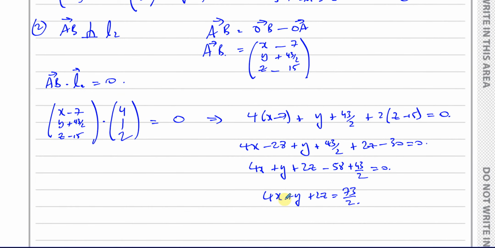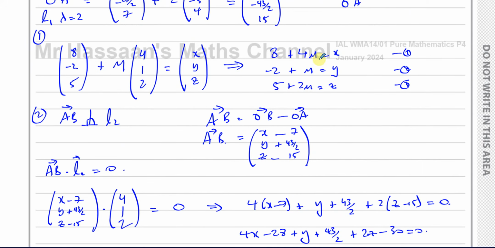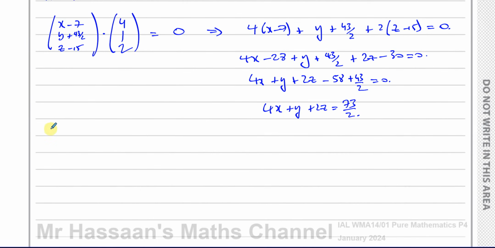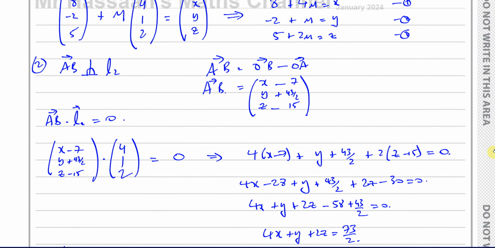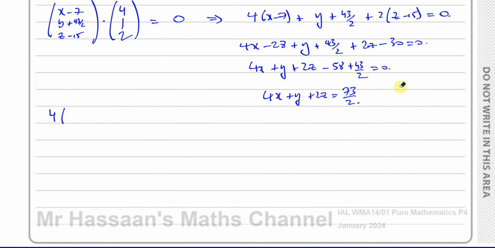So now we've got 4 times 8 plus 4 mu, sorry, 8 plus 4 mu, that's x. Then you're going to have plus y, okay, and y is what?